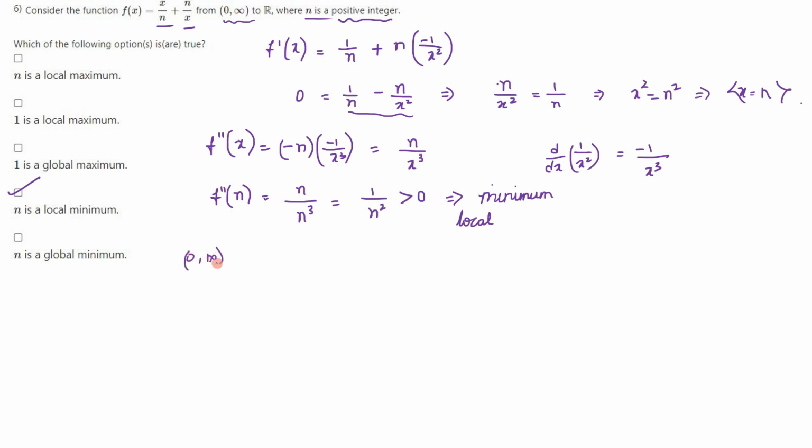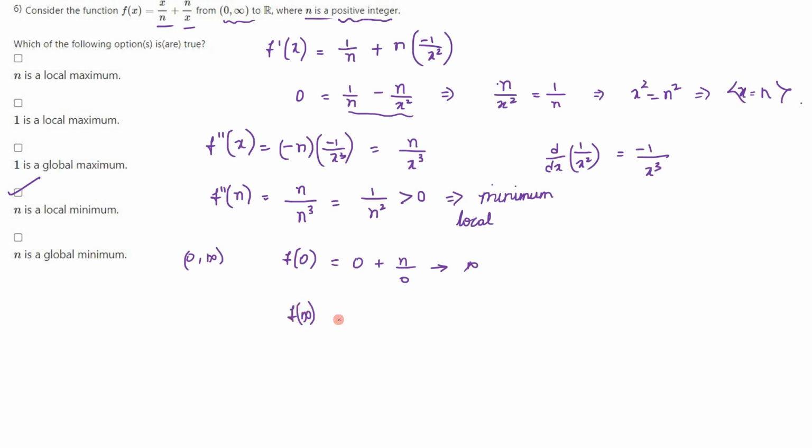Now what are the different values of this function at these endpoints? Let us see what is f of 0. F of 0 is nothing but 0 plus n by 0, which will be infinity, right? What about f of infinity now?